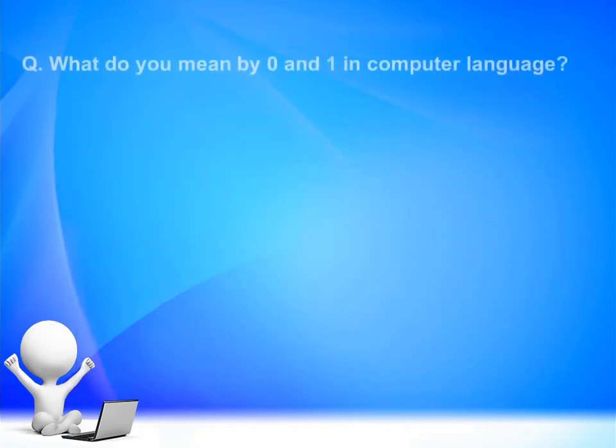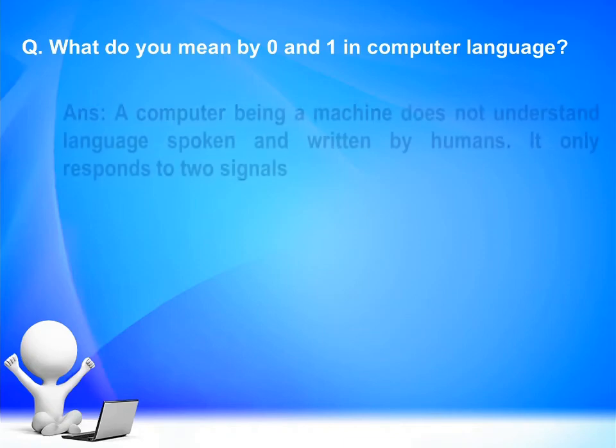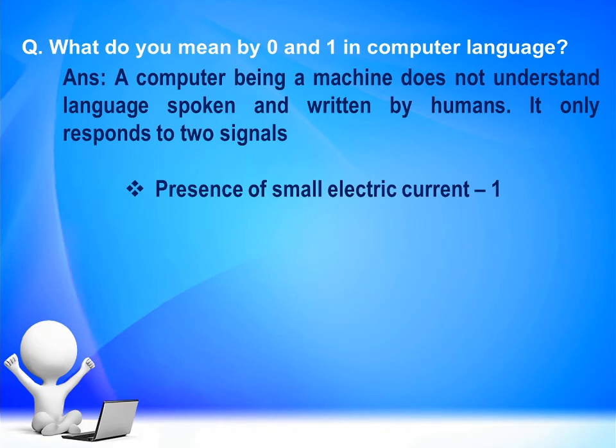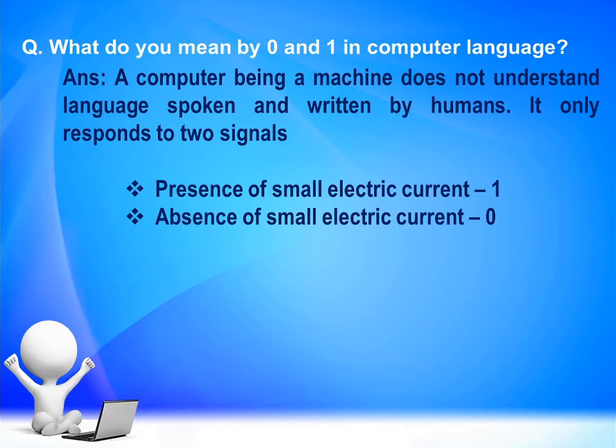Next, what do you mean by 0 and 1 in computer language? A computer, being a machine, does not understand language spoken and written by humans. It only responds to two signals: presence of small electric current, that is represented by 1, and absence of small electric current, that is represented by 0.